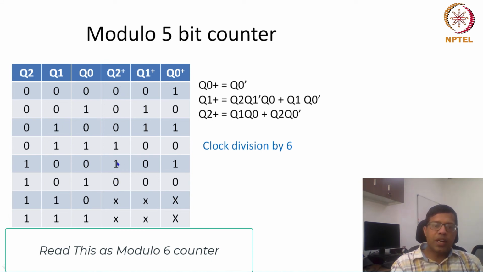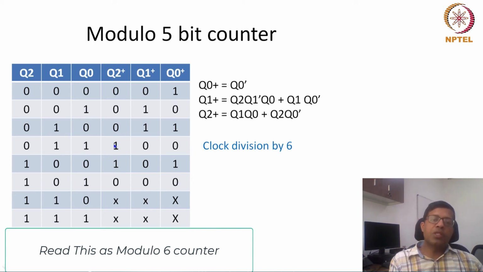It will go 0, 1, 2, 3, 4, 5, and then these outputs will keep on repeating. That means if I take Q2 as my clock division output, then I can see that my Q2 is actually a clock divided by 6, because 4 times it will return 0 and 2 times it will return 1.